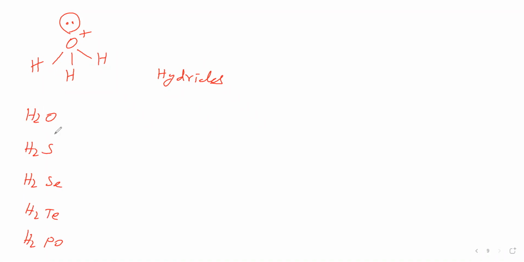Now we will see melting point and boiling point. Melting point of water is 273 Kelvin. H2S is 188 Kelvin. H2Se is 208 Kelvin. H2Te is 222 Kelvin.